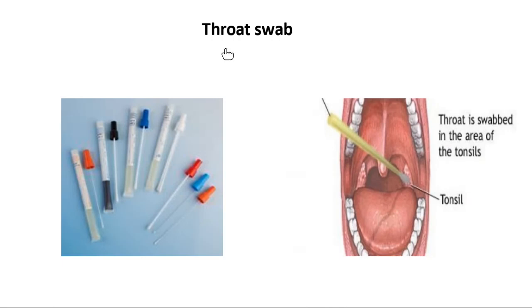The other sample is the throat swab. For the throat swab, you can use the cotton swab as well as the rayon, the synthetic swab, and the Dacron swab. These swabs can help you to collect the specimen. For collection, you should touch the swab along the tonsillar region.